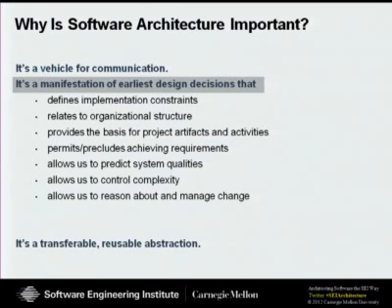And having an architecture allows us to reason about and manage change. In general, having an architecture divides the world into three types of possible changes. There are local changes, non-local changes, and architectural changes. So that means that given a change, in order to accommodate that change, it's either going to require a local modification, which means one element somewhere in the system gets modified to accommodate the change.